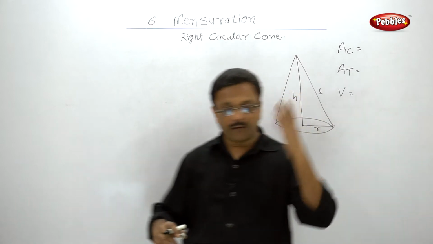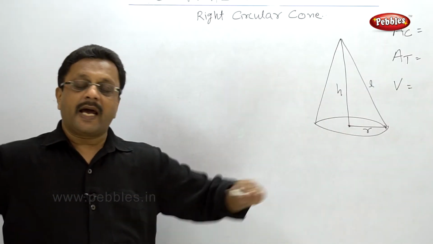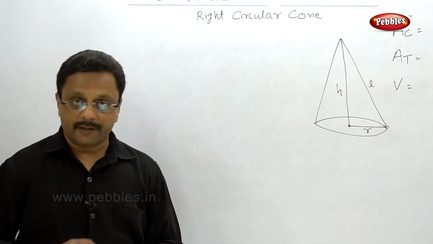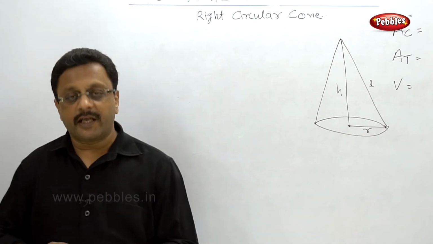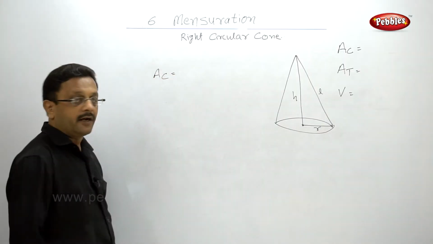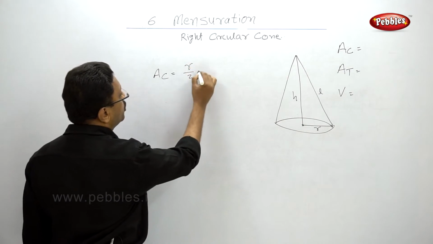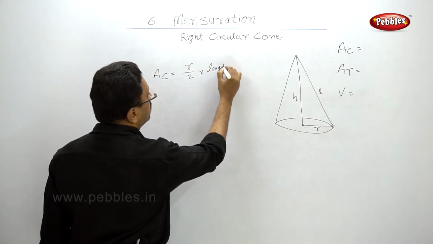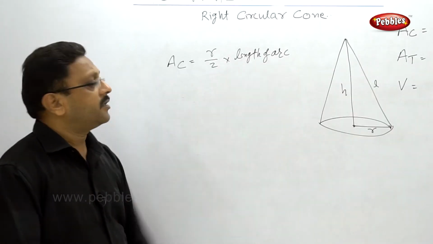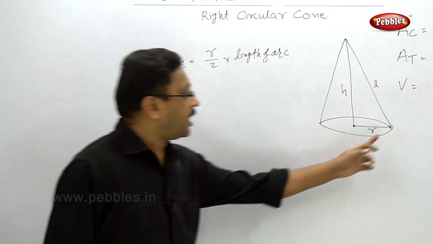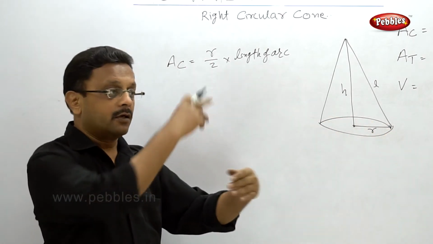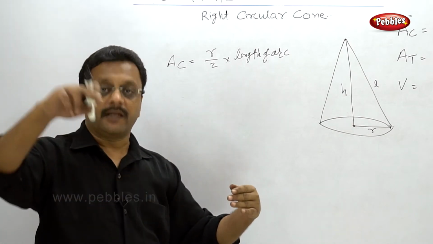So what is the formula for that? When you open that, this L will become your radius. So the curved surface area of a right circular cone is radius upon 2 into length of arc. The length of the arc is nothing but the circumference of this base circle, because when you open that, you will get the arc length.